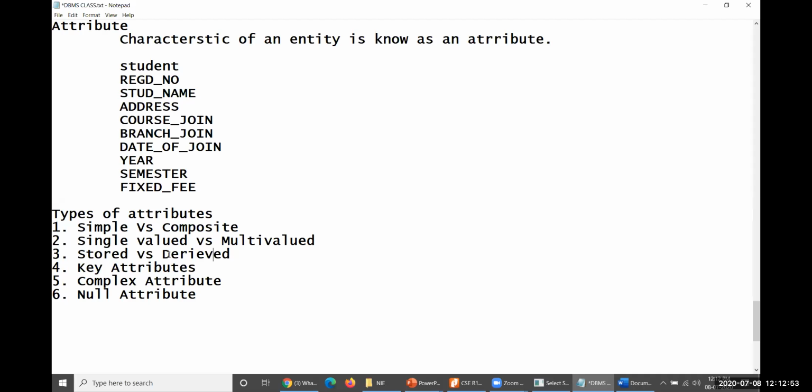Because we have to explain the second category, we have taken its synonym. That is the only reason we have taken these many names here. Simple or single valued or stored, everything is the same.